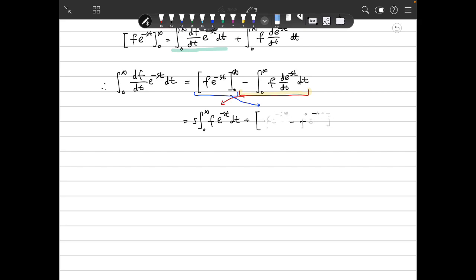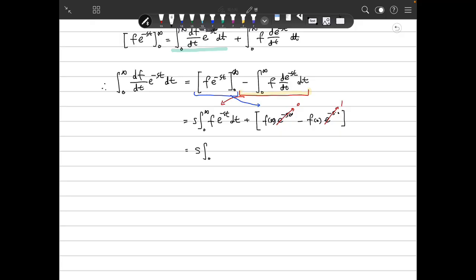Actually f is also a function of t. So I don't know what that is, but f infinity exponential minus s infinity, maybe because this is infinity, will be 0, minus f 0 exponential minus s 0, which is 1.